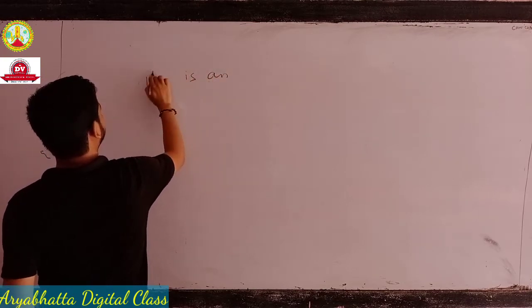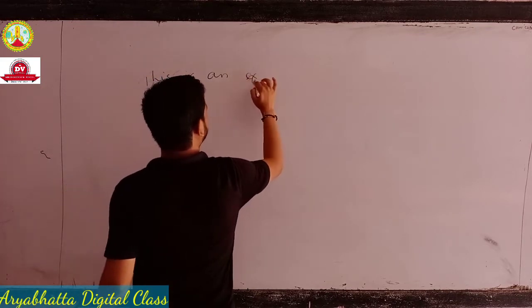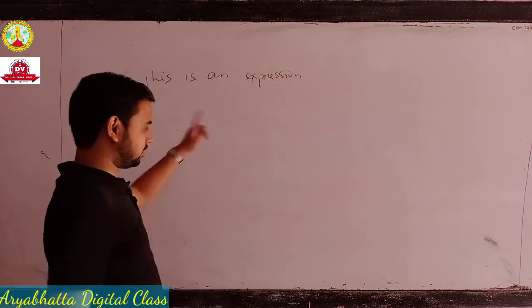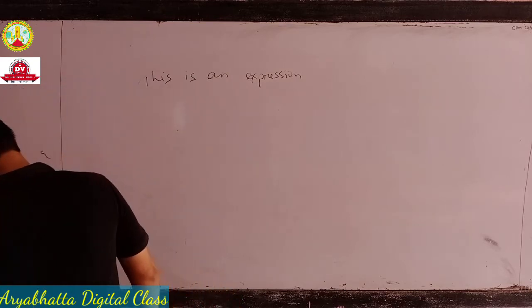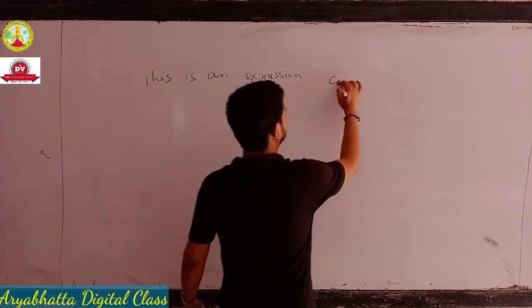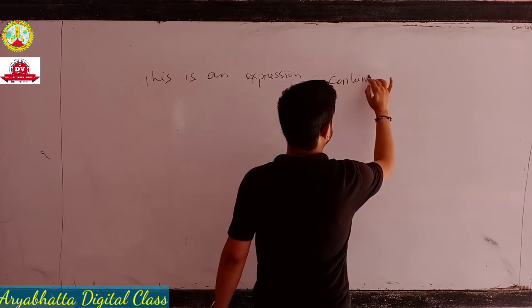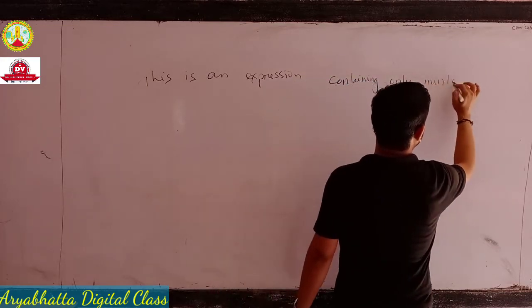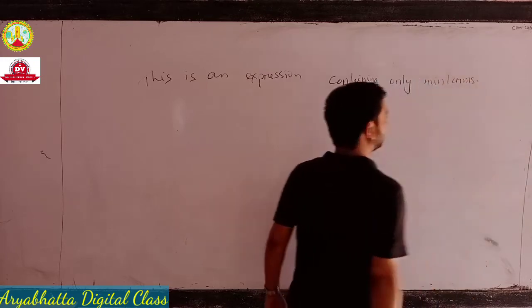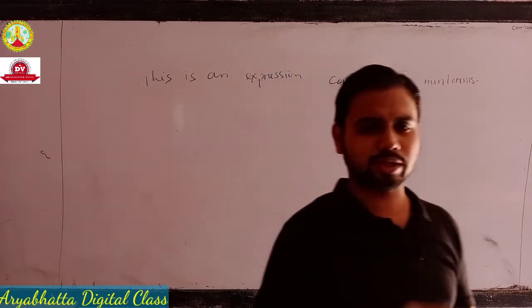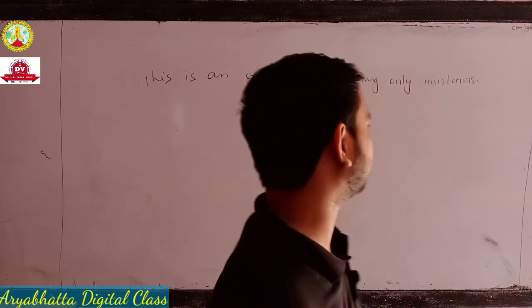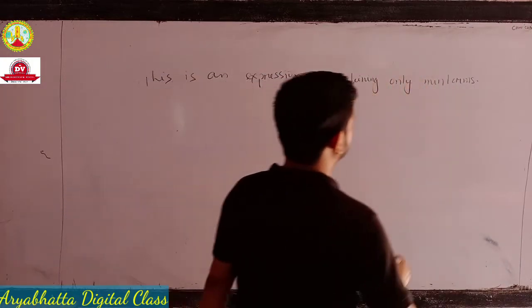Like that, this is an expression. After writing the expression, below it you write: this is an expression containing only min terms. You see, in the min term, x bar y bar, all are literals, product of literals means min term.